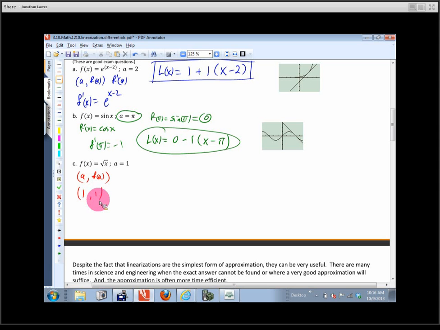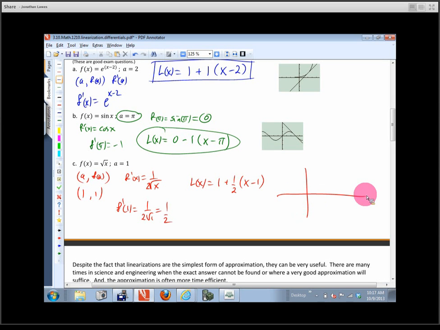I tried to pick nice functions, fairly easy values. That's it, right?